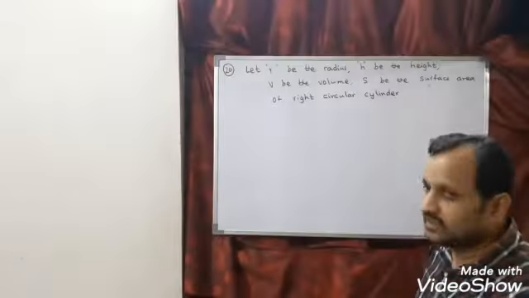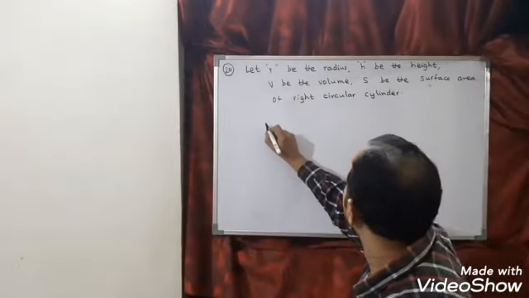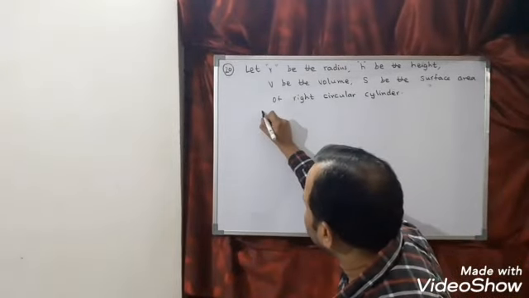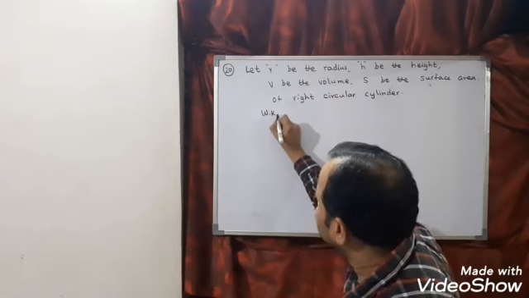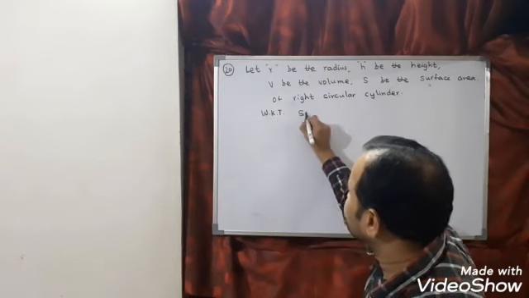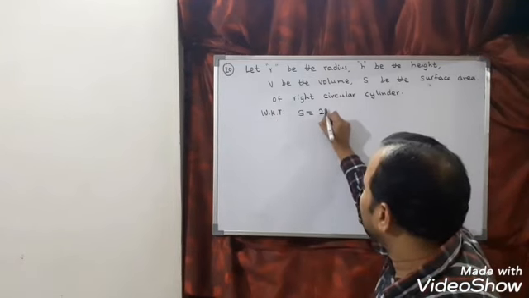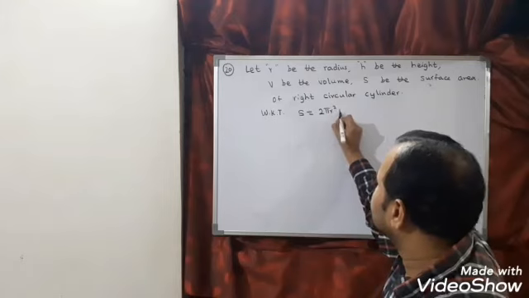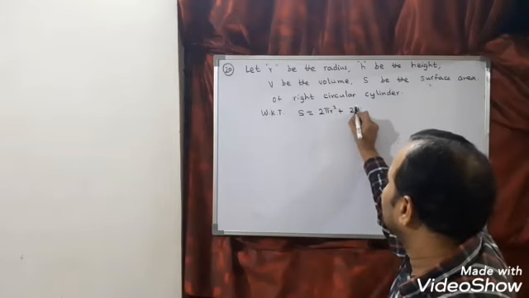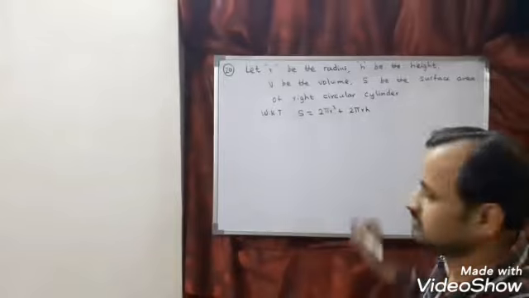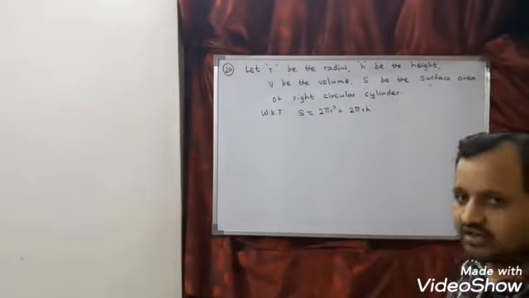Now look here. Now tell me what is S here. So here I can say that we know that S is equal to 2 pi r square plus 2 pi r h. Right? Question is what? Height.